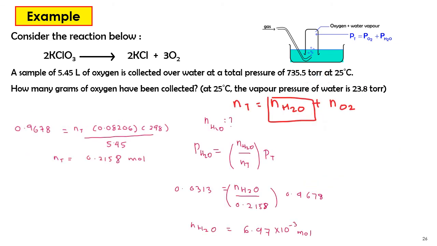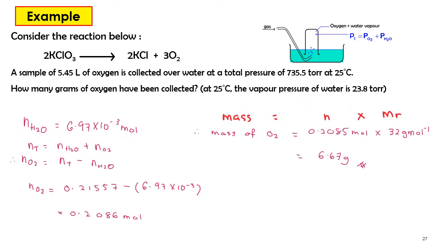Next, when you have the total mole, you can find the mole of water. For the mole of water, we can use this formula. You can substitute into this equation and then rearrange to find the mole of water.